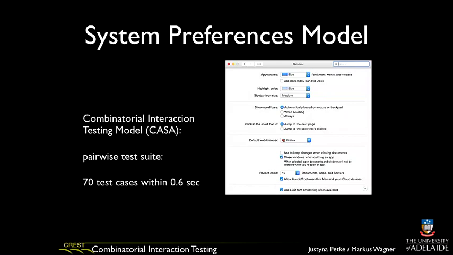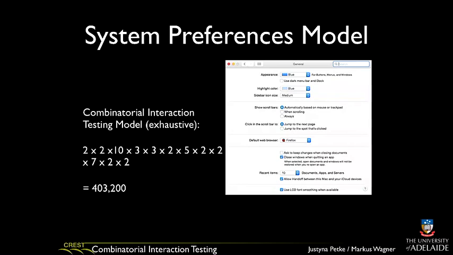And luckily, Casa can produce something instead of 400,000 test cases. It can produce something in the order of 70 test cases in under a second. So even though this looks maybe like a relatively large search space, and running all 700,000 test cases for something like this or some user interface would take an awful lot of time.